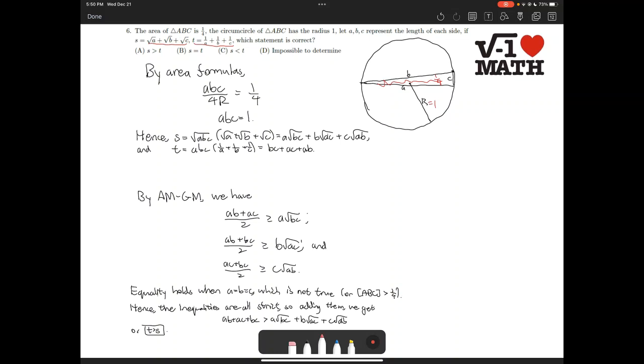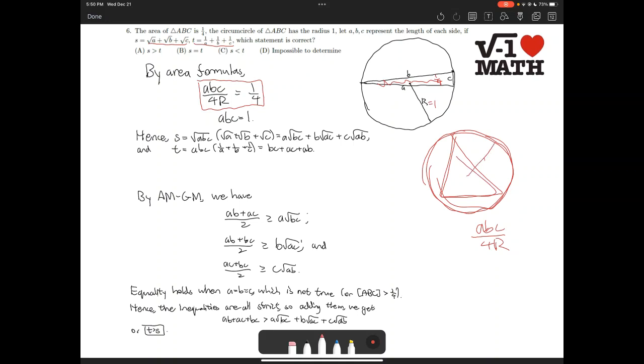To start, we're going to use the circumcircle area formula, which states that if there's a triangle inside a circle, then the area of the triangle is ABC over 4R, where A, B, C are the side lengths and R is the radius.